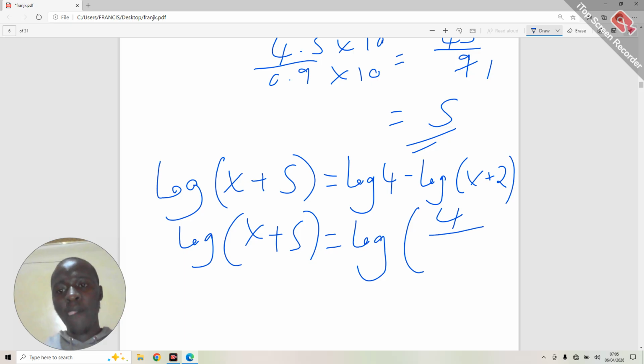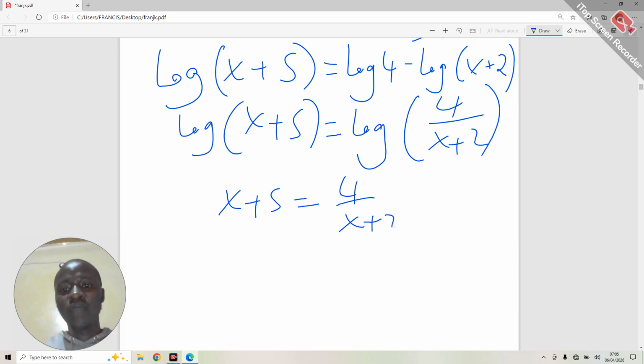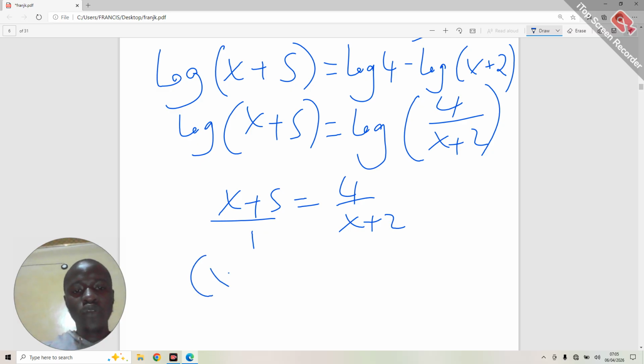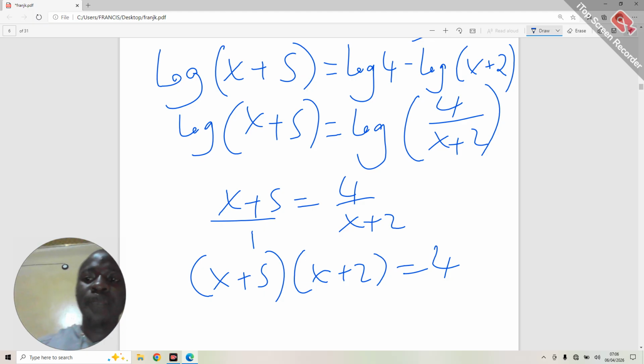So to solve this, I have log of x plus 5, which equals log of 4 all over x plus 2. Drop the logs or maybe cancel out the logs. Now I have x plus 5 is equal to 4 all over x plus 2. This is the same as all over 1. So you cross multiply: x plus 5 times x plus 2 is equal to 4 times 1, which is 4.